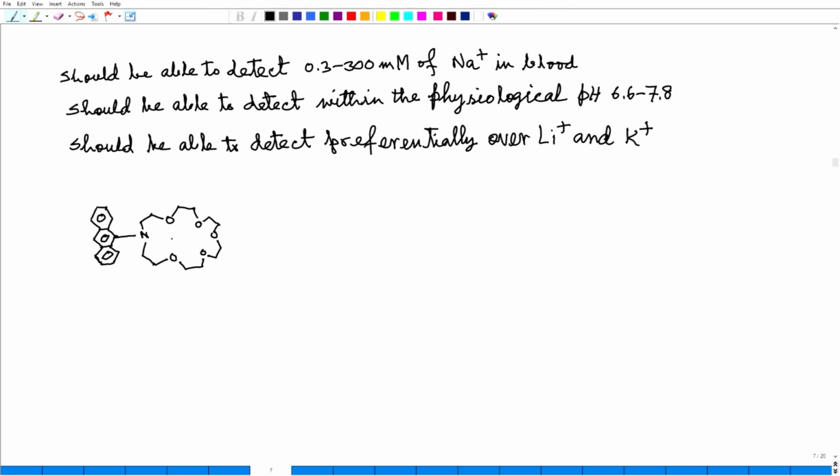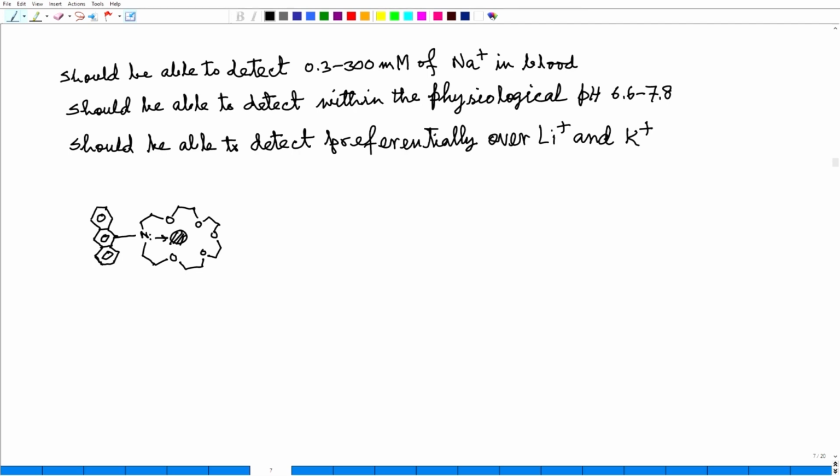If we put 6 ethereal oxygen, that binds preferentially potassium. Okay, so sodium will come here, sodium will be here, and once sodium binds, the lone pair is engaged.